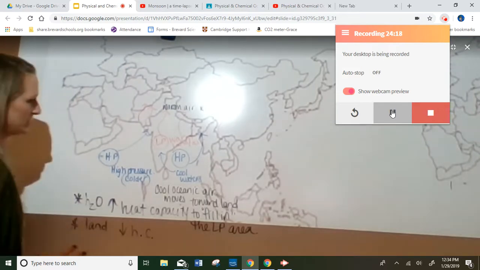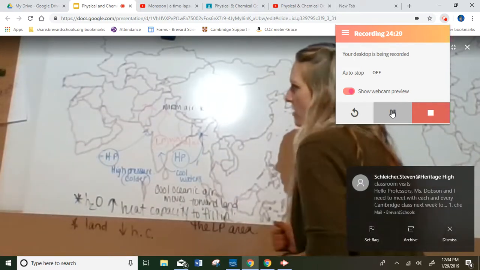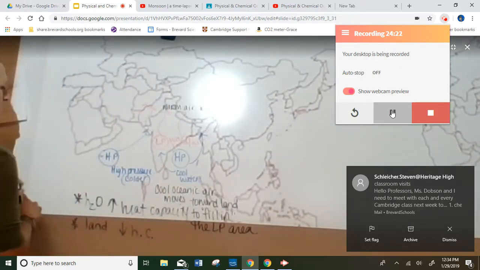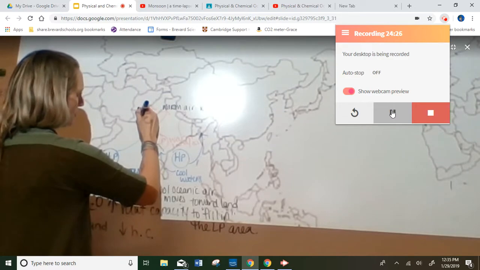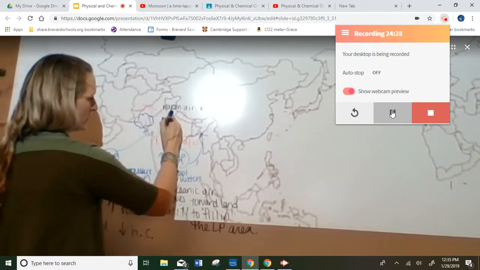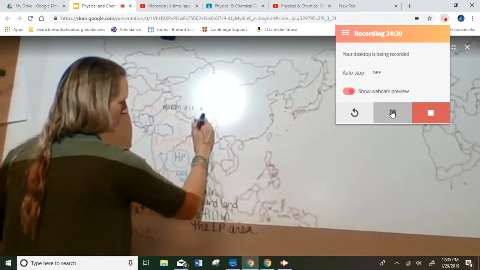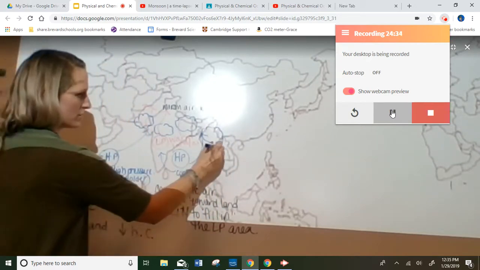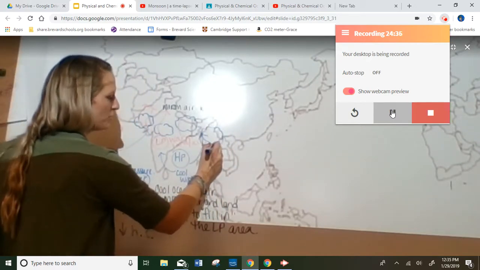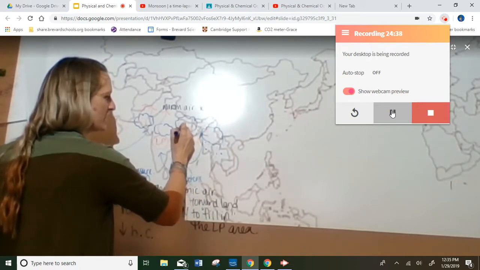Now, when all of this moves over, it's going to cause it to precipitate. All of this vapor is going to start to condense, and so we're going to have high precipitation here. Notice where you're putting your precipitation. It should be precipitating on land.